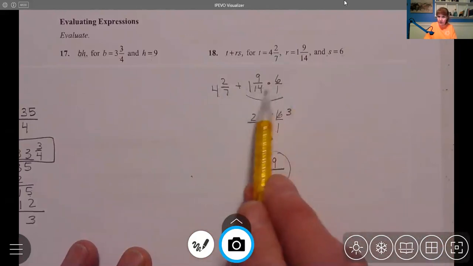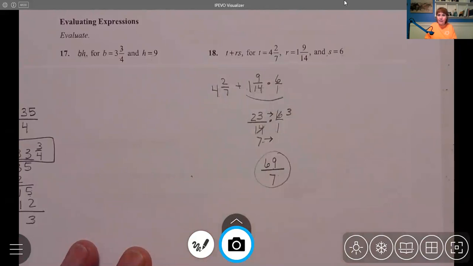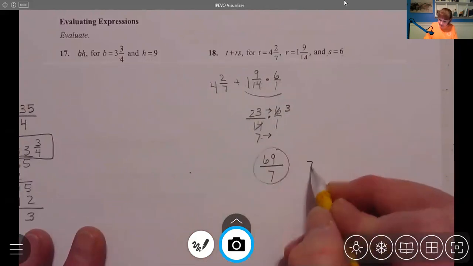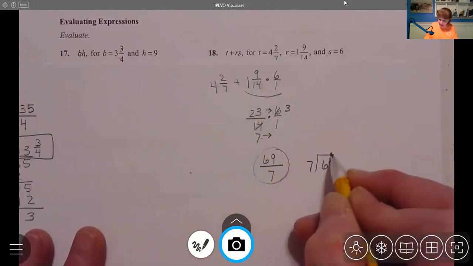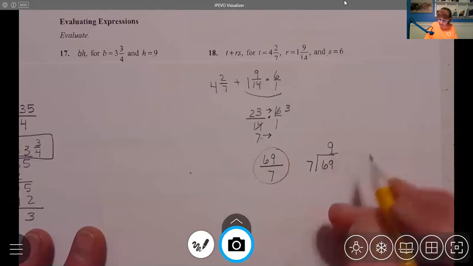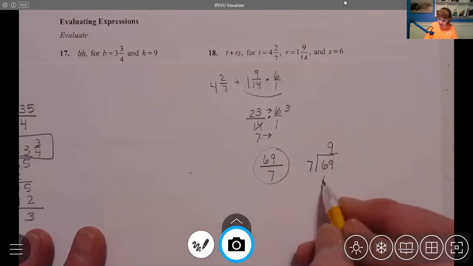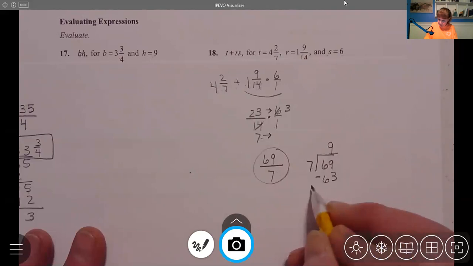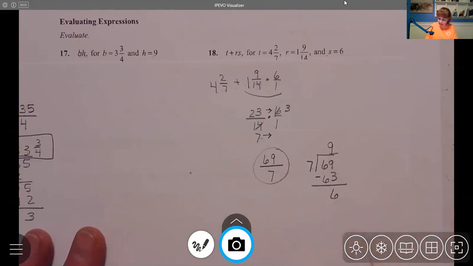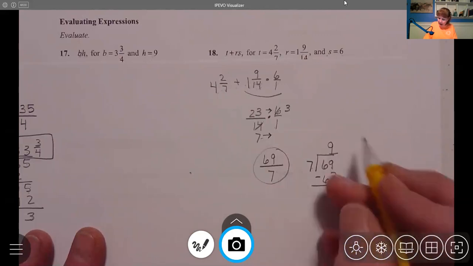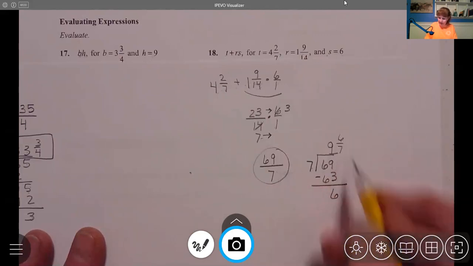All I did was multiply, but now I'm going to rewrite my answer. 7 into 69 goes 9. That gives you 63. Subtract, you get a 6. So when I change this, I'm going to get 9 6/7.